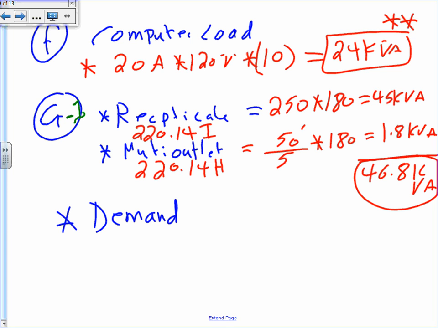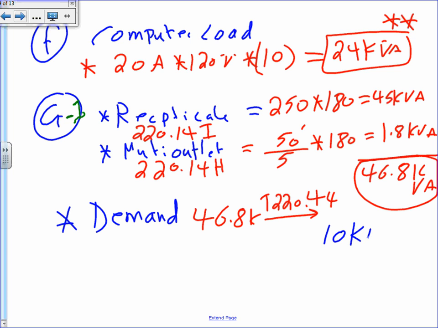When we do the demand, guys, we're going to take the 46.8 kVA to this table, table 220.44, and here's what you're going to get. The first 10 kVA, leave it alone.